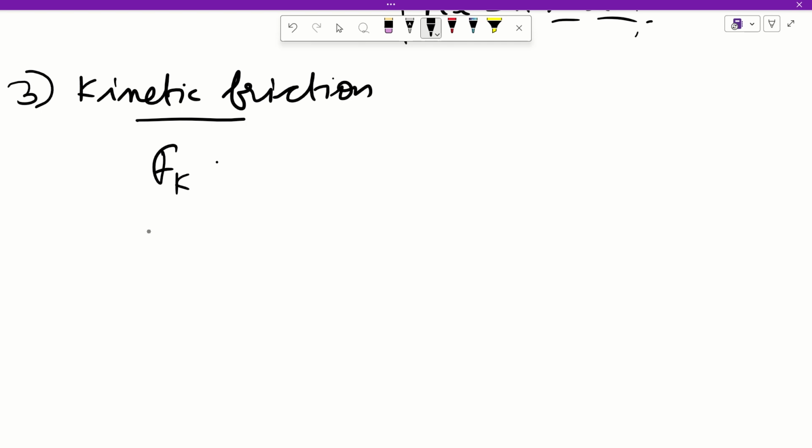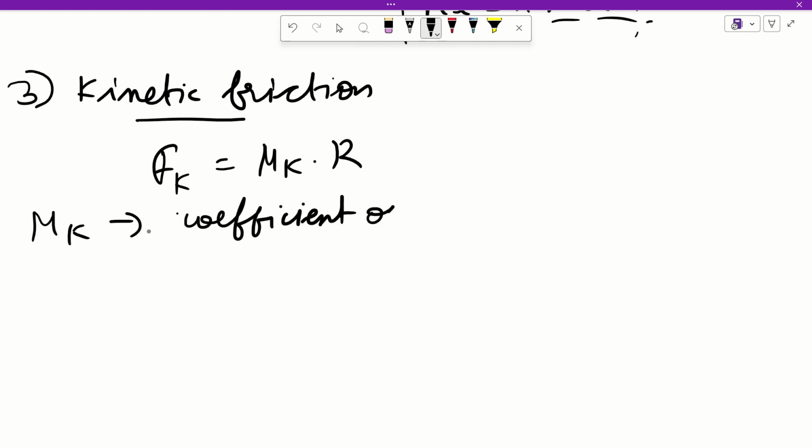Fk equals mu k into R, where mu k is the coefficient of kinetic friction and R is the normal reaction.